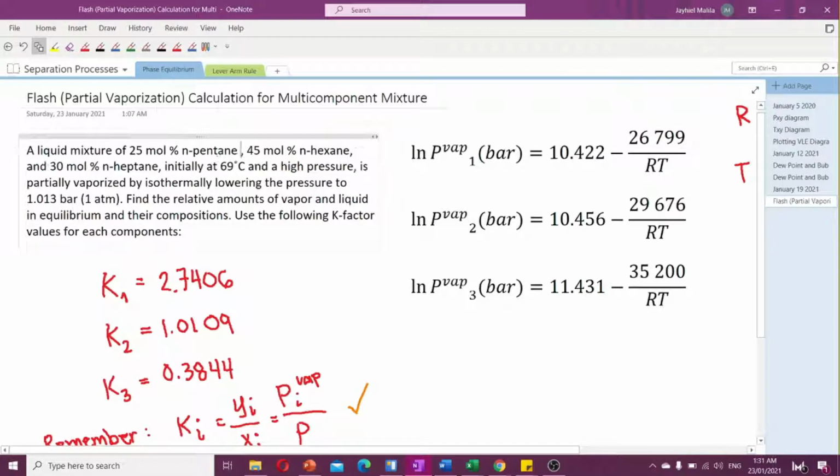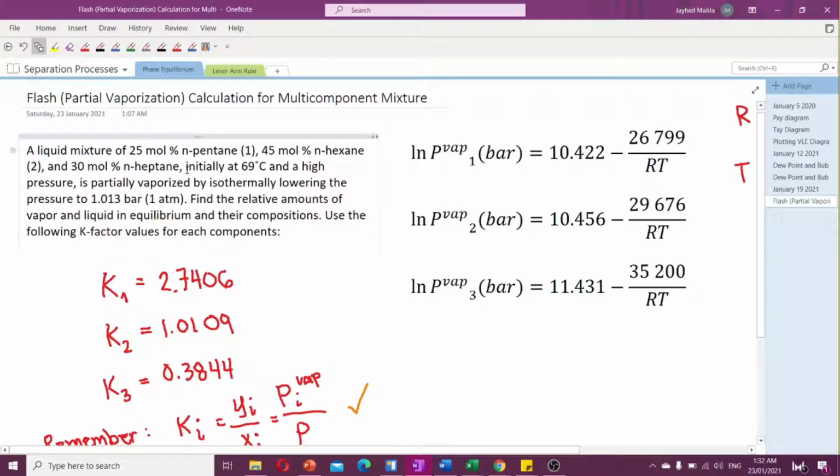For this one, I will assign the components according to numbers to help guide us in assigning variables. So the temperature is initially at 69 degrees and a particular high pressure.